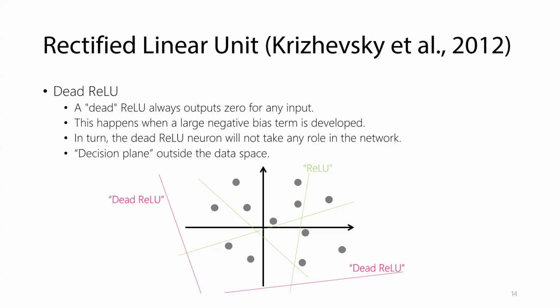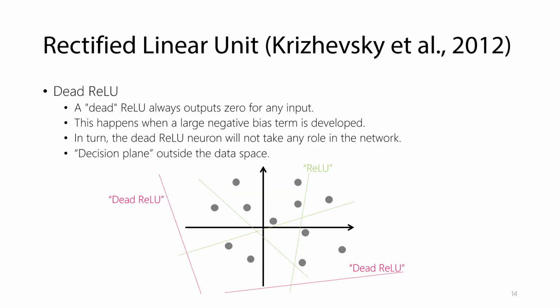Half of the space divided by that line, okay, we're going to preserve the value, we're going to pass along the value, but the other half, we're going to set everything to 0, right?